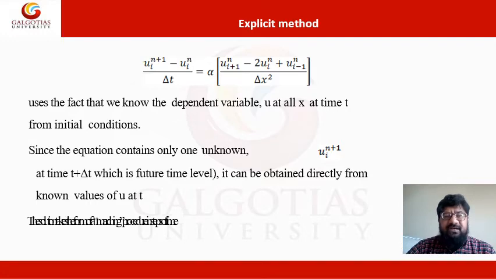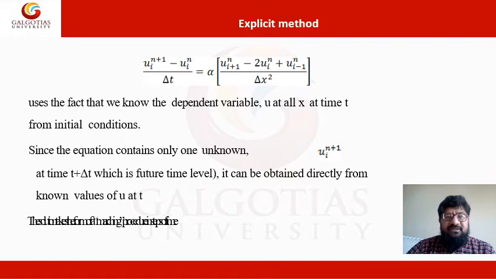We have discretized del u by del t as forward in time and del 2u by del x2 as central spacing. Central spacing means we are calculating the second order derivative at i, and we are utilizing the same number of points from the right side and from the left side.